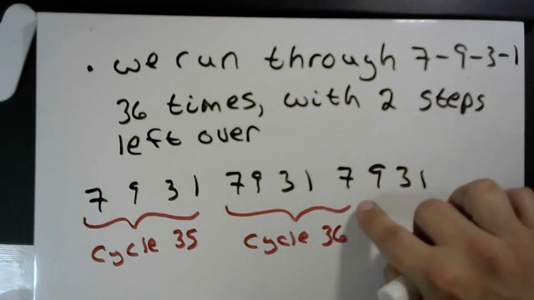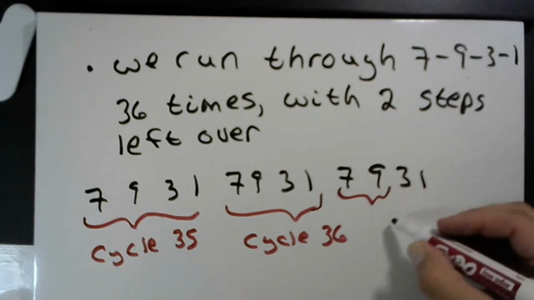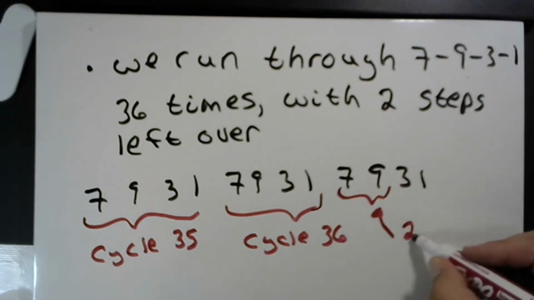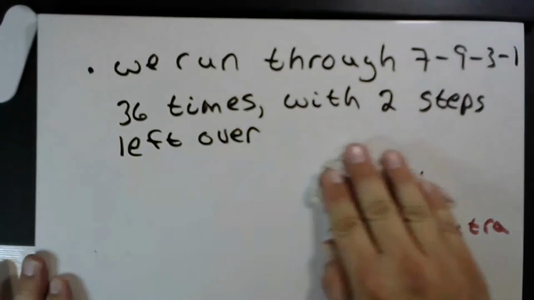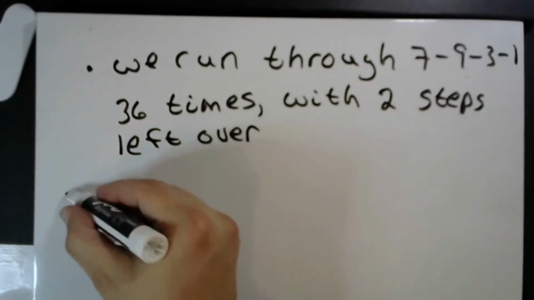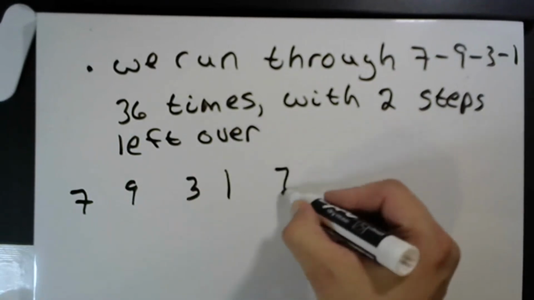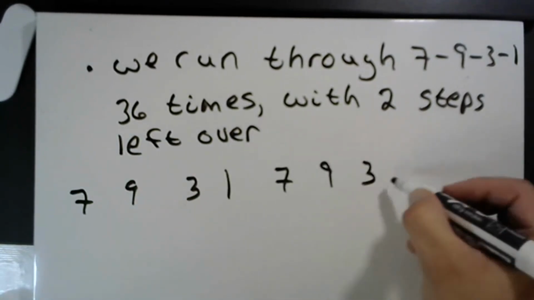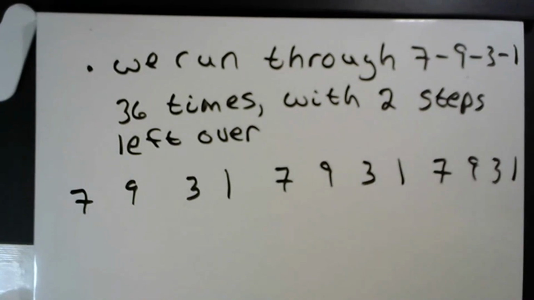And then we have 2 left over. Let me label it a little differently, because I think I'm losing the exponents here. Remember, these are all the ones digits.